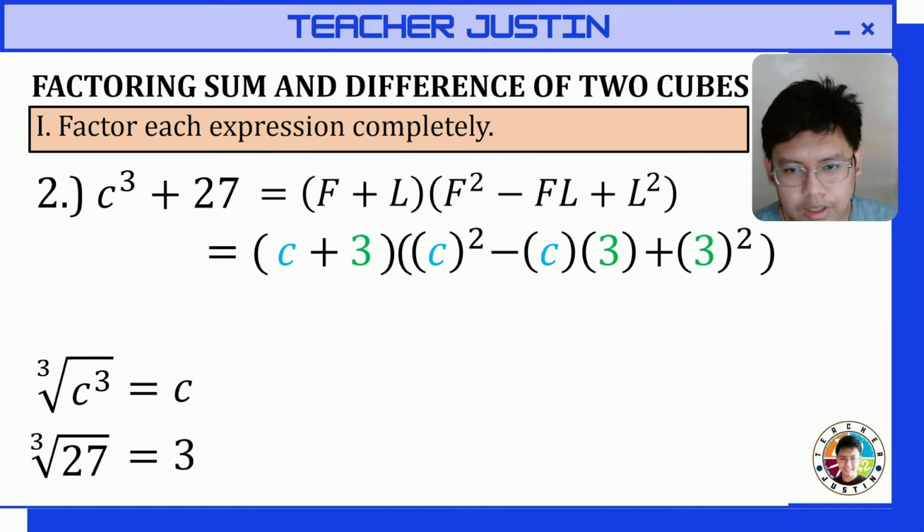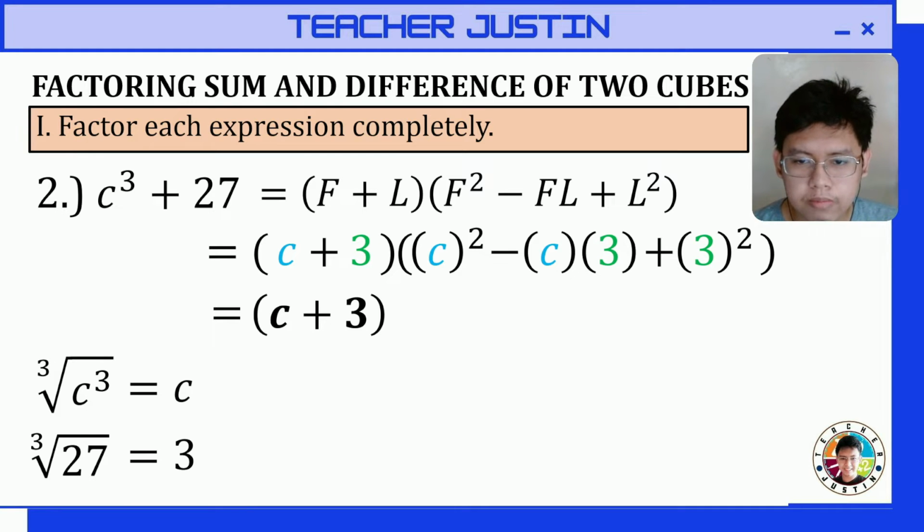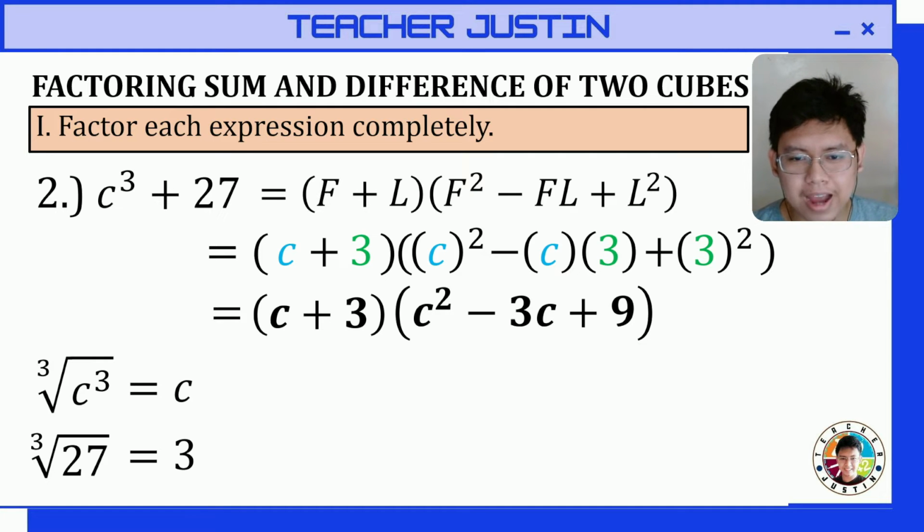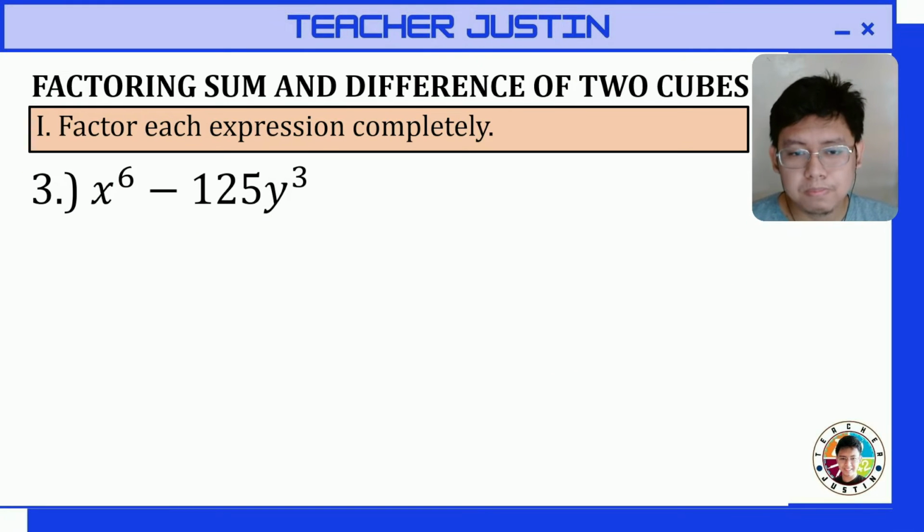Okay? Tapos, let's simplify that. That will give us c plus 3. And yung ating second group will be c squared minus 3c plus 9. And that's it. That will be our factor. C plus 3 and c squared minus 3c plus 9. Tada!